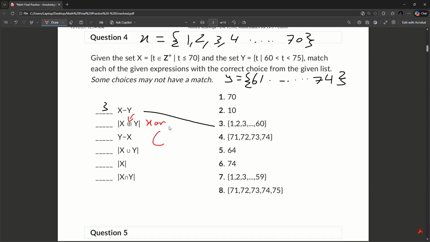So it's just this. And now it has the absolute value, which means how many items are inside the intersection of X and Y, which is 4, right? I would say not 4, 10, from 61 up until 70. So it is 10 elements.